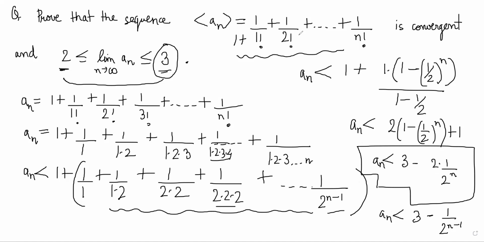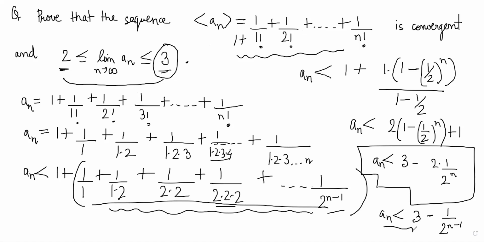You're getting the upper bound by saying that we can change it slightly and make a new sequence, such that the new sequence is bigger than the old sequence. So you can say an is less than this new sequence. The new sequence is easy to sum because it's a simple GP. So you can prove like that that an is less than this.